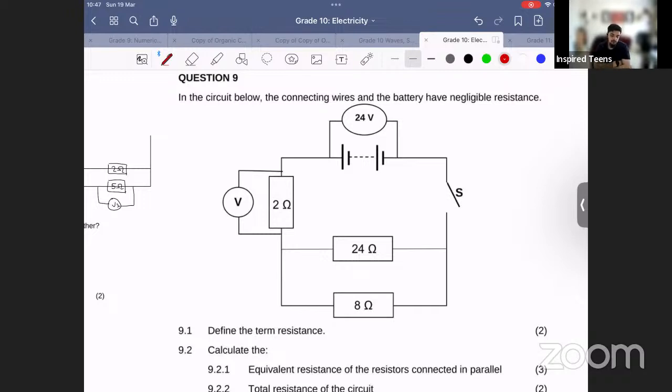Okay, correct. So the 25, 24, and 8 ohm are connected in parallel, and the 2 ohm is connected in series.